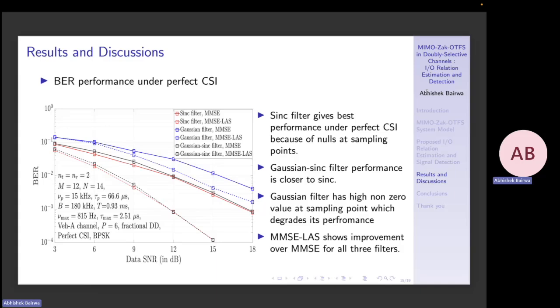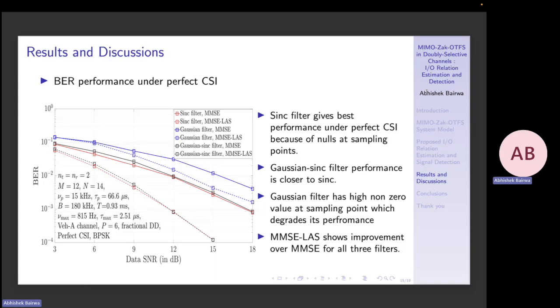This is because the sinc and Gaussian-sinc filters have nulls at the information grid sampling points, which results in very little intersymbol interference, and that is the reason their detection performance is better. But in the Gaussian filter, the main lobe is large and there are high non-zero values at the sampling points. It results in intersymbol interference, and the detection performance is not that good.